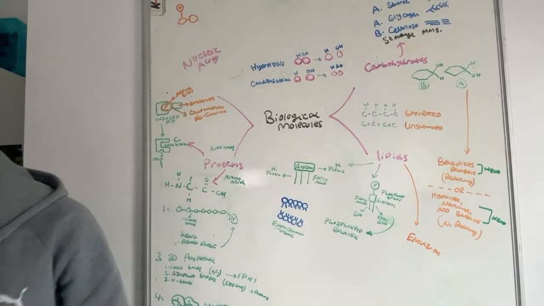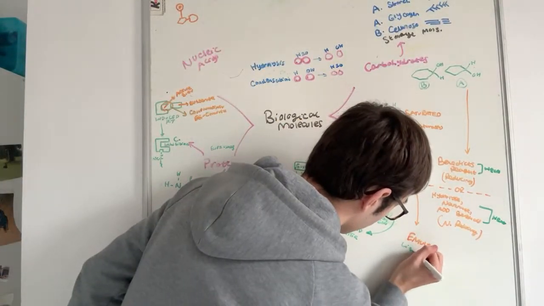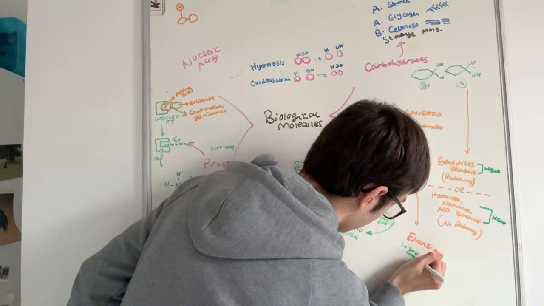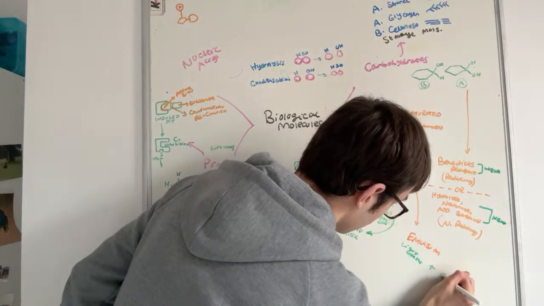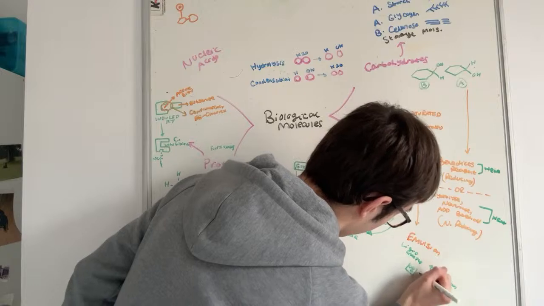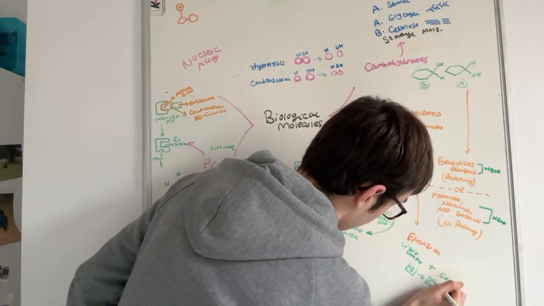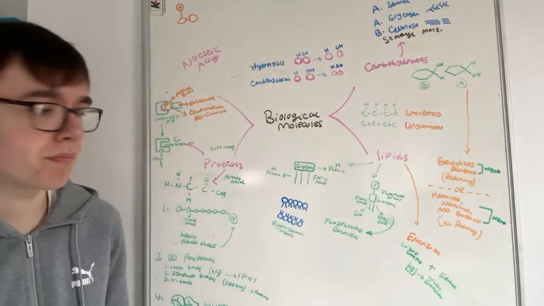Take a liquid sample and add ethanol. That's the one. Liquid sample plus ethanol, and it's the presence of an emulsion. White emulsion.